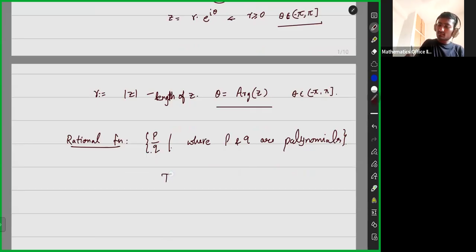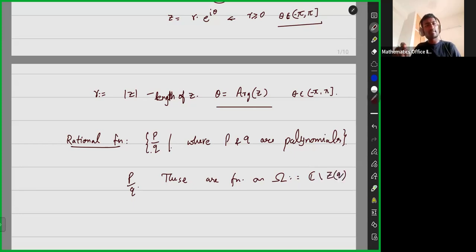Polynomials P and Q, their function P by Q is a function on omega, which is defined as the complex plane minus the zeros of Q. Wherever Q becomes zero, we have to remove that part.